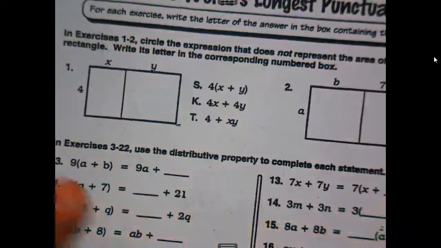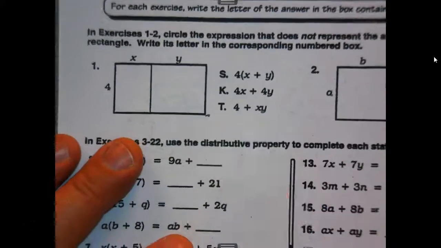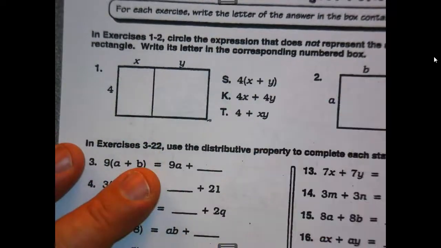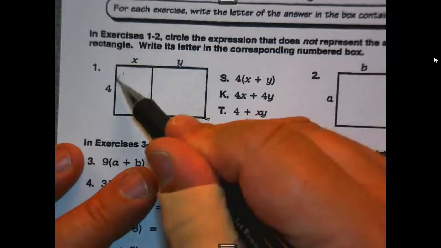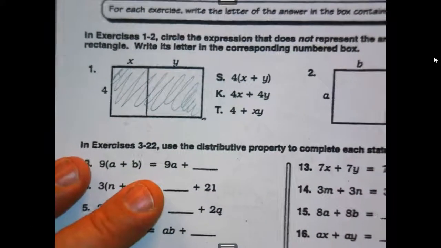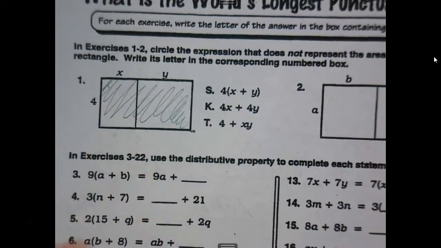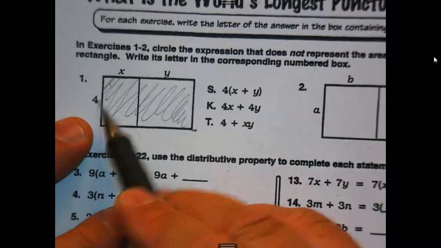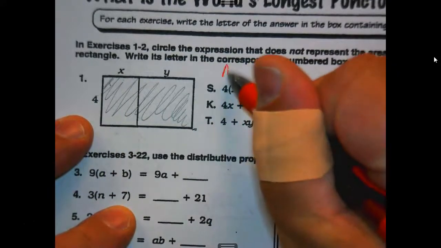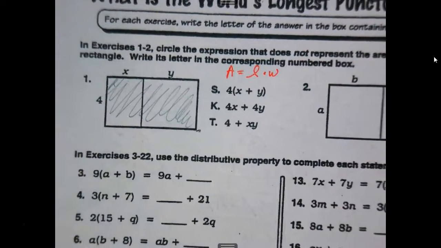I'm assuming that the whole thing's shaded. I'm looking at the answers here. Because if you shade the whole thing, you have 4 times the quantity, because area is length times width, or base times height, either way.